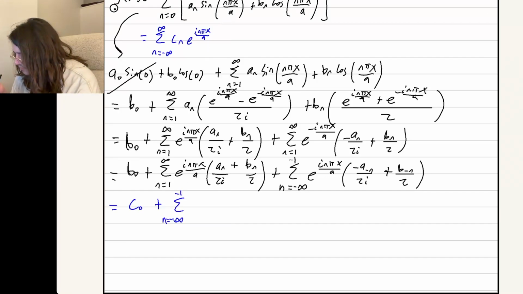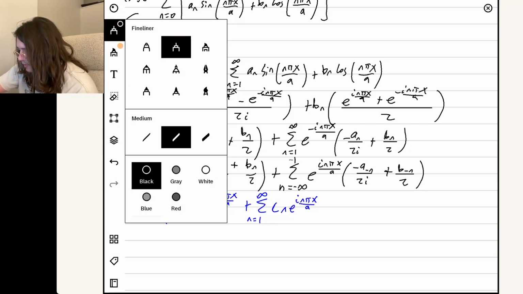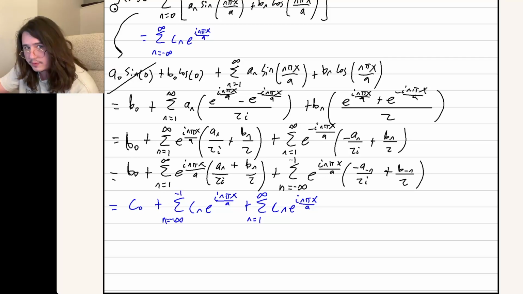But continuing with what I was doing, minus infinity to minus 1 of the stuff, with pi x over a, but then also a sum from 1 to infinity of the stuff. And now you see why I did this to the other form of the Fourier series. Because now you can just make a direct comparison of all the constants, because these now all have the same powers of the exponential functions.